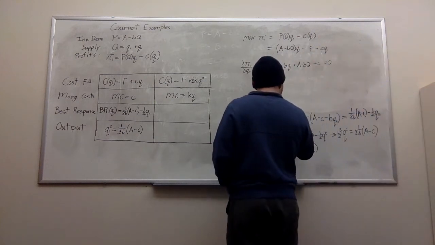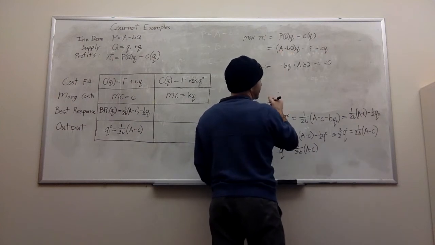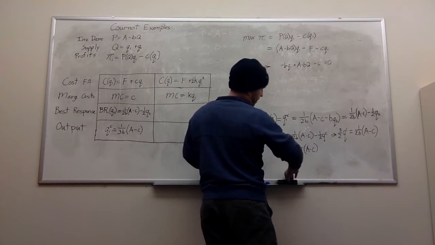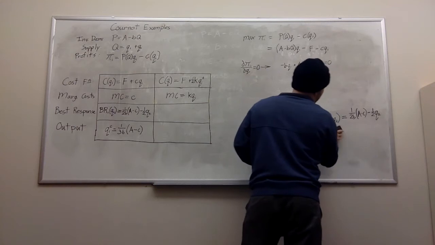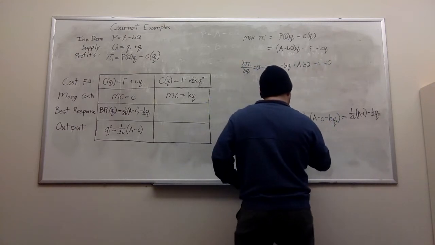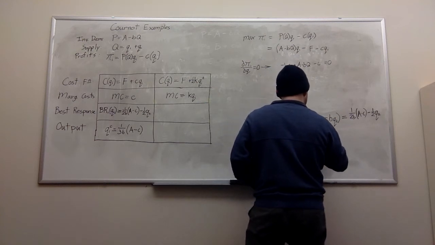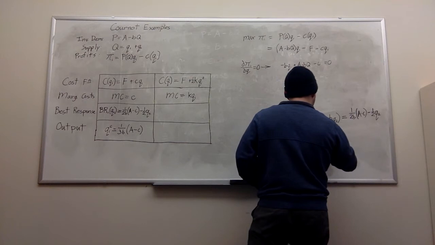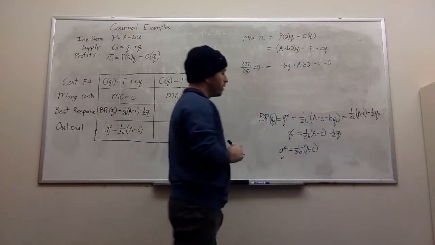And so I know that if I solve that exact same problem, I'll come up with the same thing for the second firm, right? Essentially, that Q2C is equal to the same thing where I just flip around the subscripts, right?